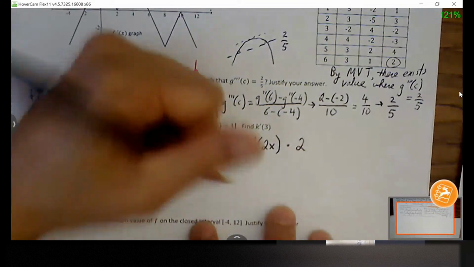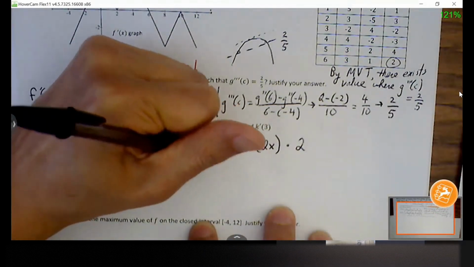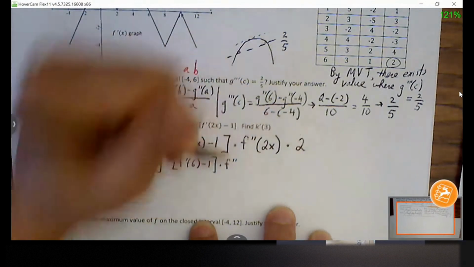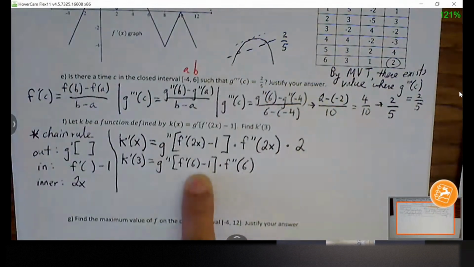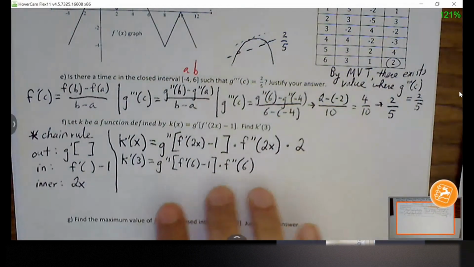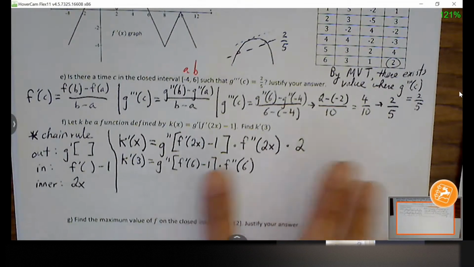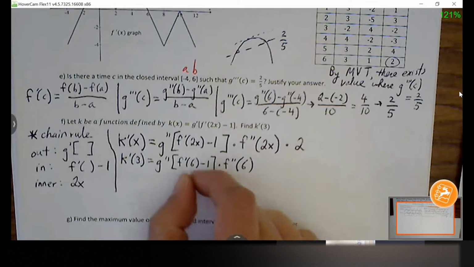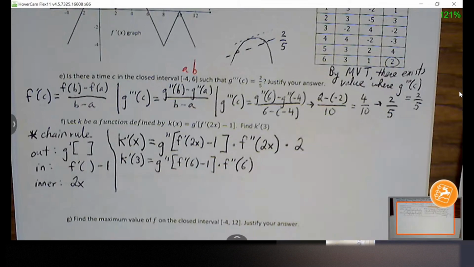F prime of 6 minus 1. So when we're taking values of F prime, we just take it from the graph. So like F prime. That's right. Yep. 0. You're done with derivatives. We're just pulling this from the graph, but we want to pull this from the inside out, right? So you're going to work on the inside, and you're going to eventually get enough information where you can get this largest outer portion.